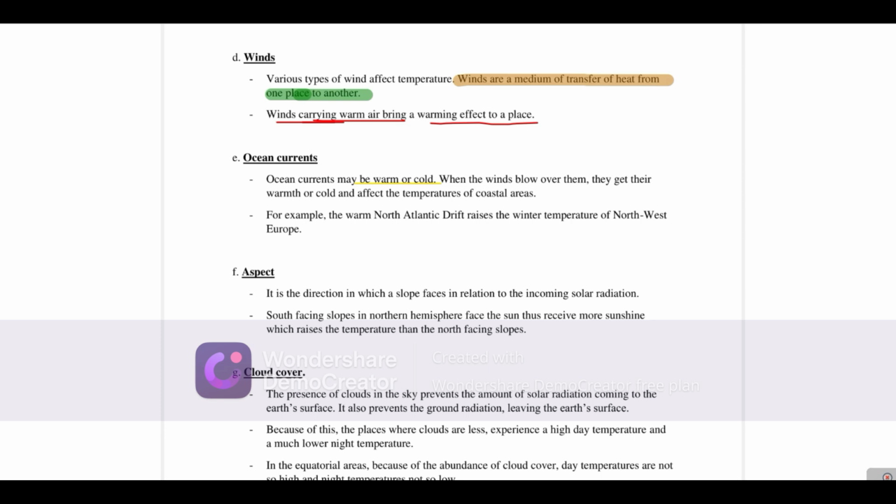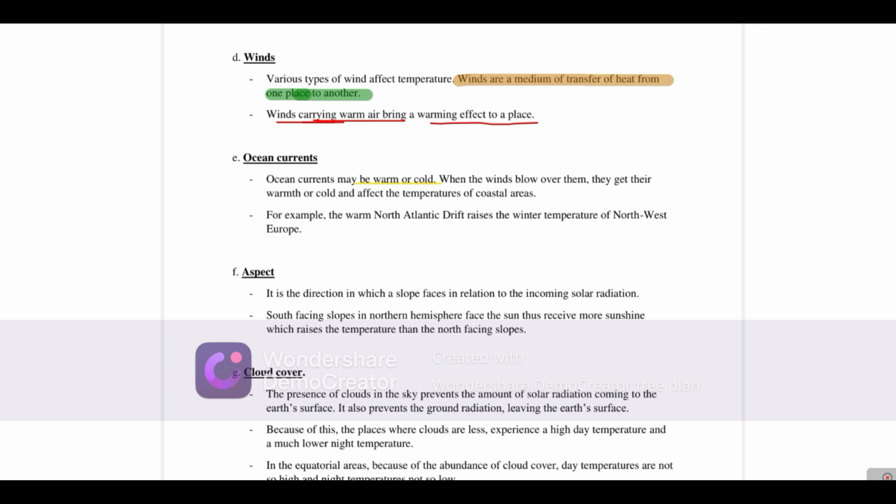Let's now look at aspect. An aspect in this case is the direction in which a slope faces in relation to the incoming solar radiation. It is the alignment of the slope of the mountain with respect to the incoming solar radiation.